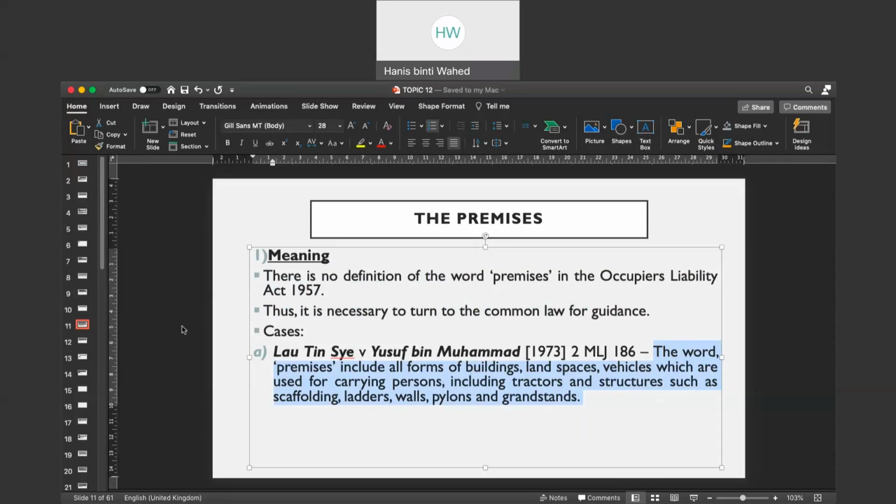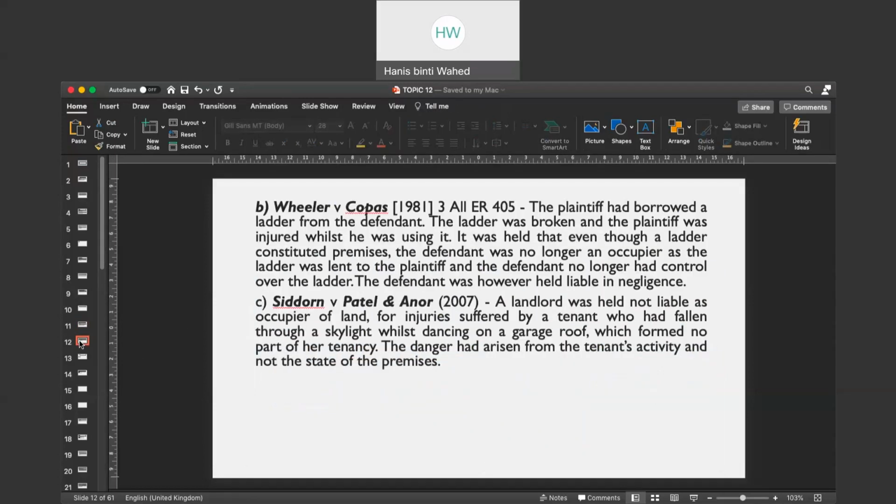Okay. You can also refer to the case of Wheeler, where in this case, the plaintiff used a ladder that the defendant lent to him, and then the ladder broke, and he was injured because of the ladder. So the court in this case included the ladder as a premise.